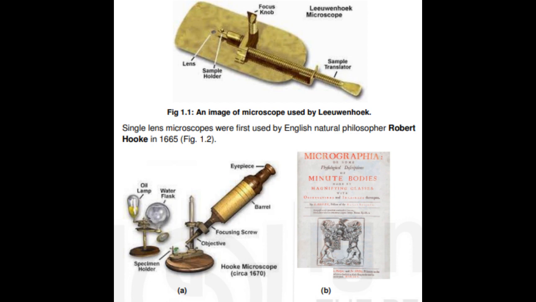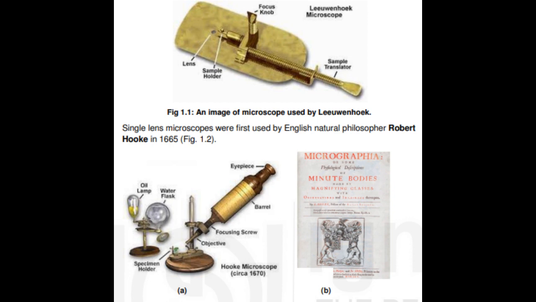Robert Hooke provided information about various microscopic objects, such as fleas, lice, and nettles, in his book Micrographia. He also coined the term cell for small, microscopic structures each living being is composed of. Hence, invention of microscope resulted in the discovery of cell and ultimately the formulation of cell theory.